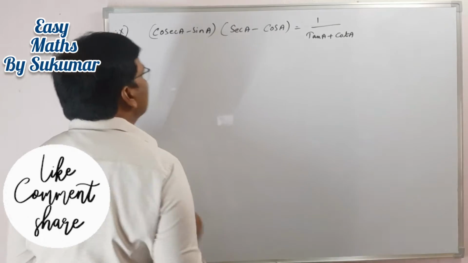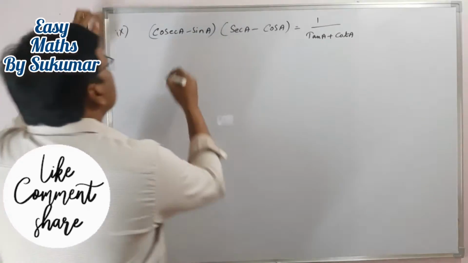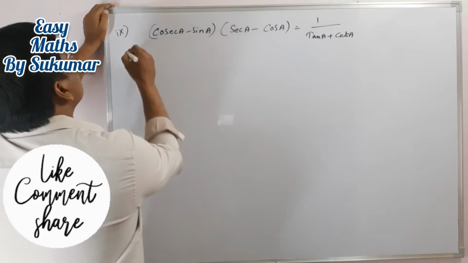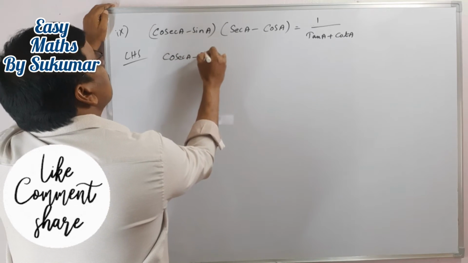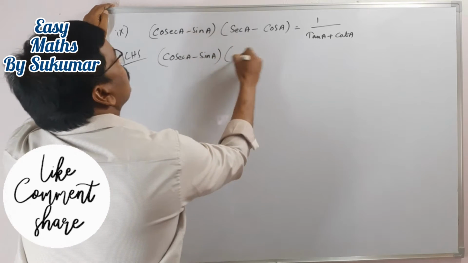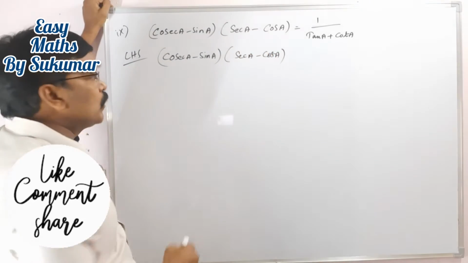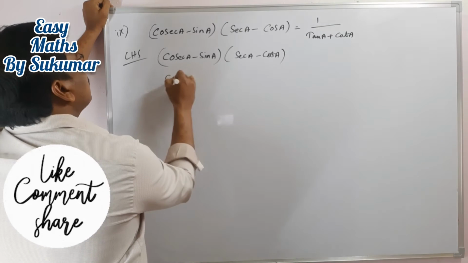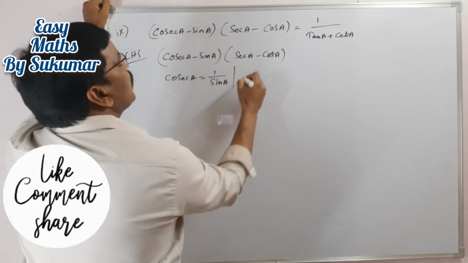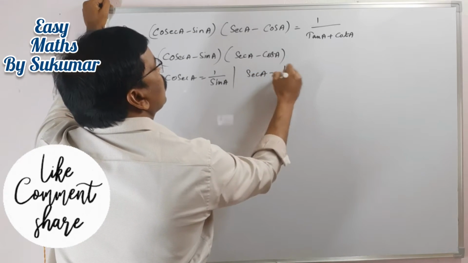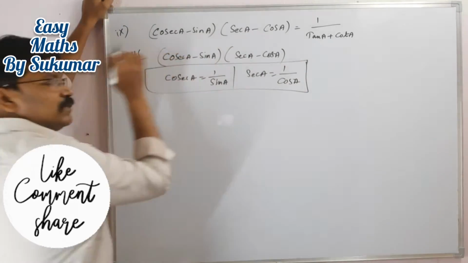Coming to this sum, 9th question in exercise 8.4 for CBSE students, the LHS is cosecant A minus sin A times secant A minus cos A. Here just take cosecant A means 1 by sin A. Similarly, secant A means 1 by cos A. Just substitute these values here.